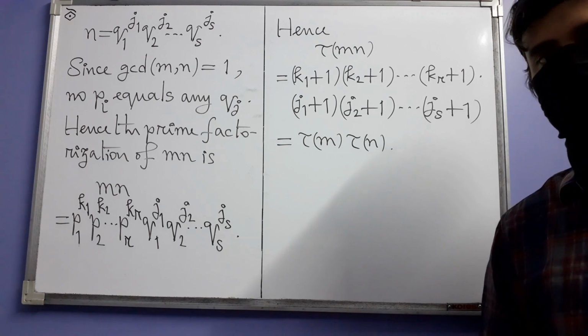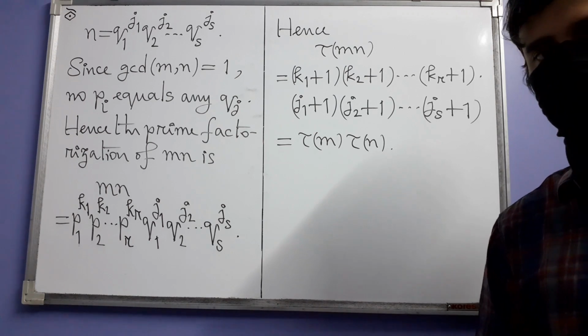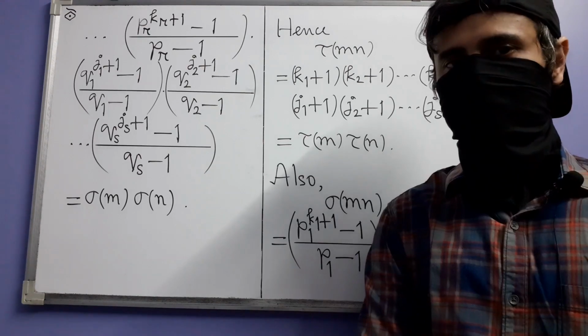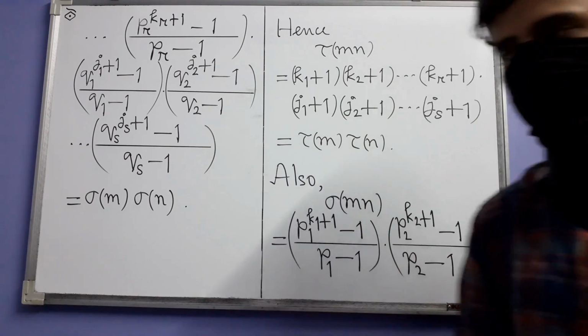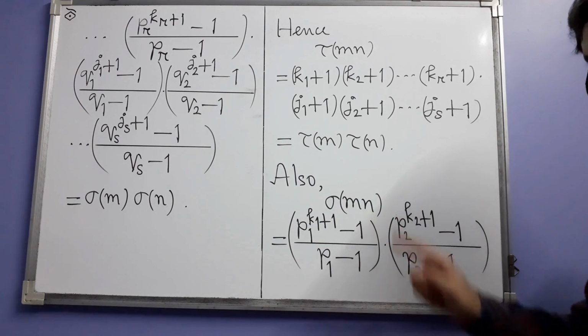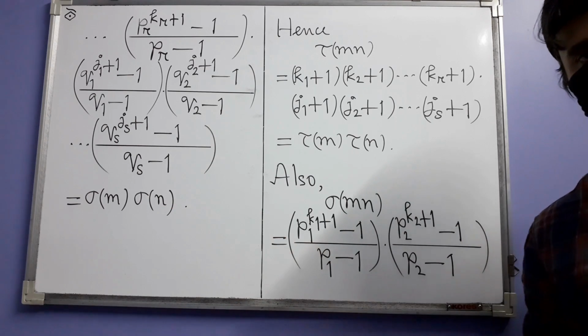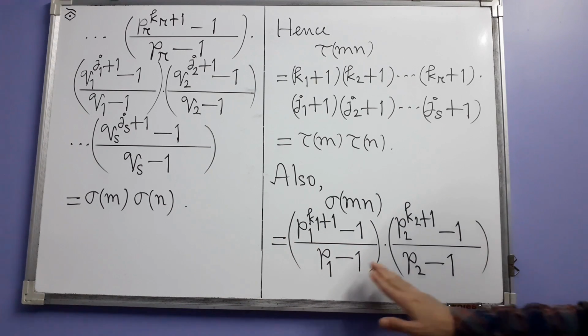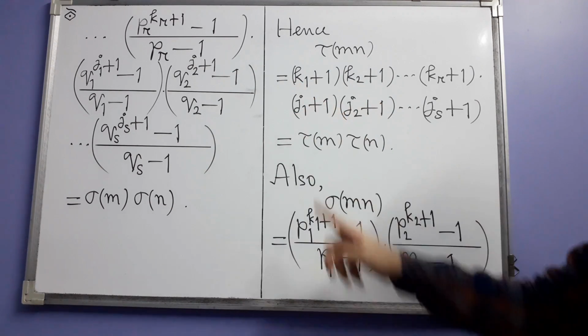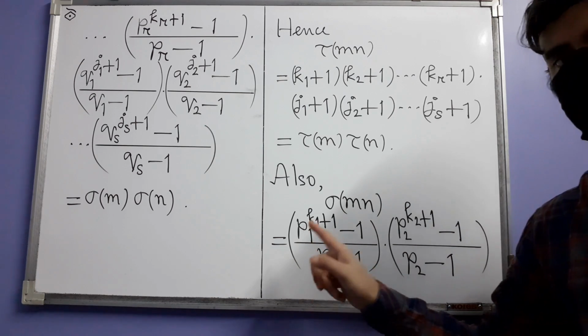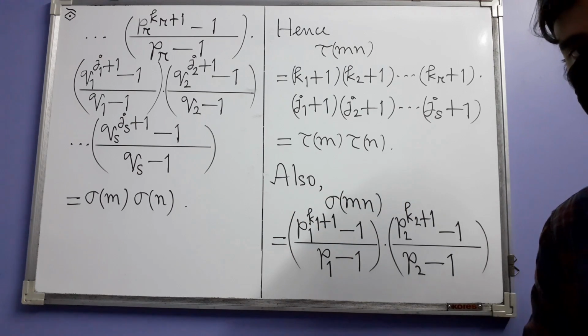That's it. Next, let us see what happens to sigma. For sigma also the same thing will happen. Sigma of mn, if you use the full factorization of mn, would involve these factors. So we take into account every prime that appears there.